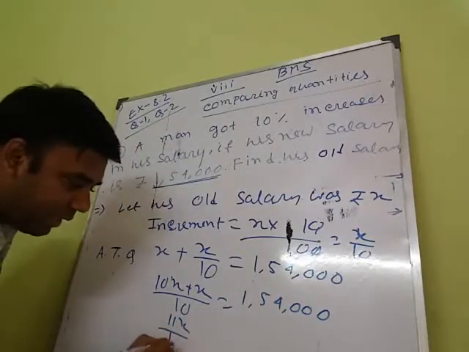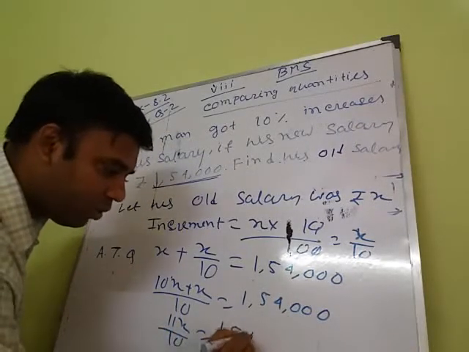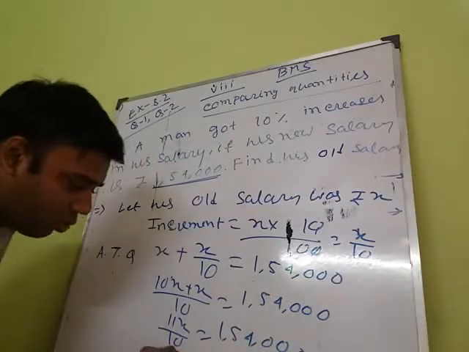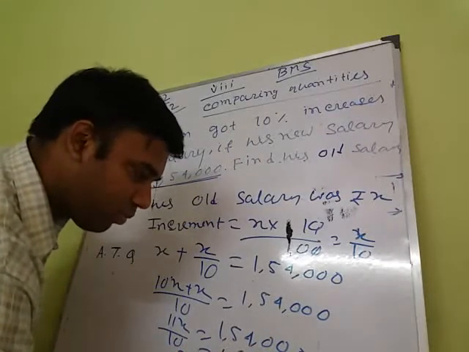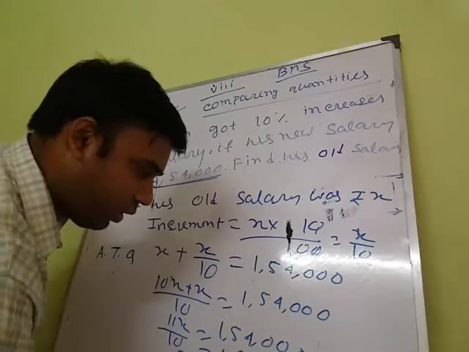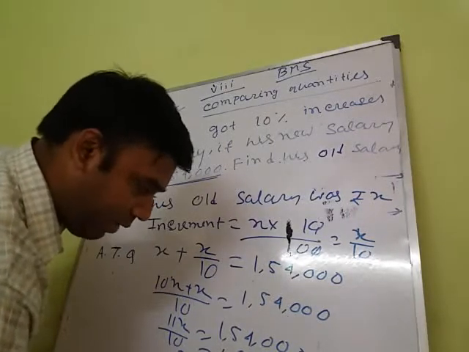So adding these, 11x by 10 equals 1,54,000. So x equals 1,54,000 times 10 by 11.